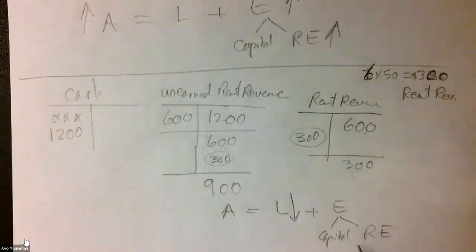So your rent revenue will be up. If revenue is up, then net income is overstated. If net income is overstated, eventually your retained earning will be overstated. As you see, your asset is no change, but your liability will go under and your retained earning will go over. Your equation is still equal, but financial data that you have in your financial statements is wrong.